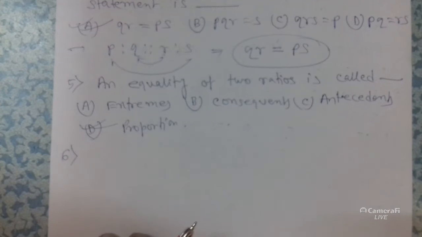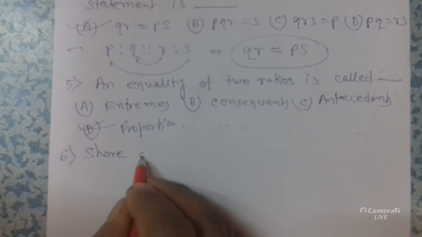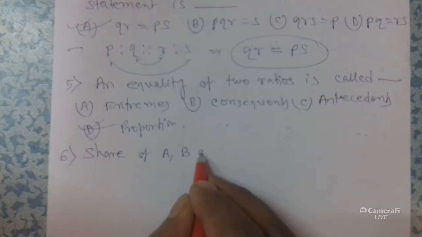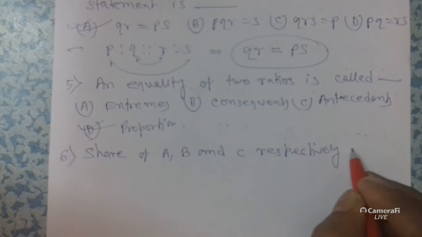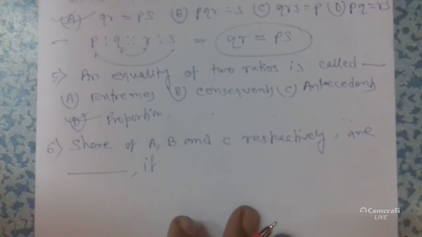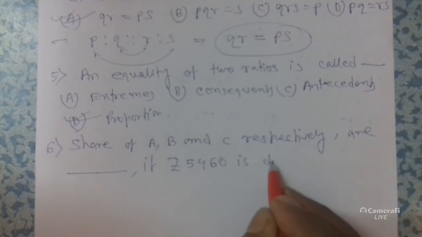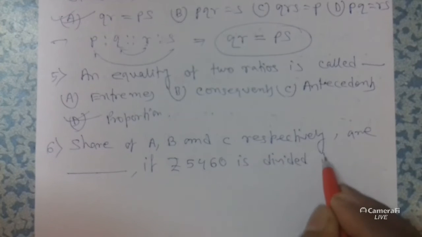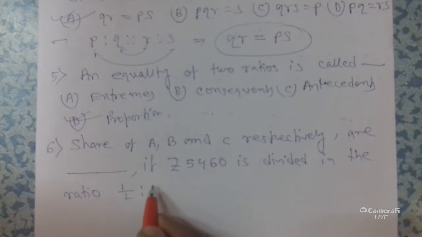Next, problem number 6. The shares of A, B and C respectively are dash, if rupees 5460 is divided in the ratio 1 by 2 is to 1 by 3 is to 1 by 4.